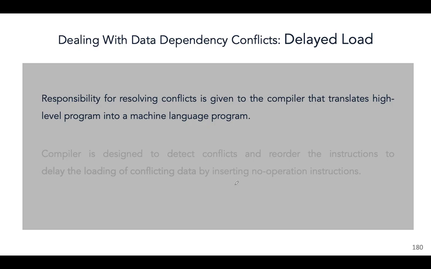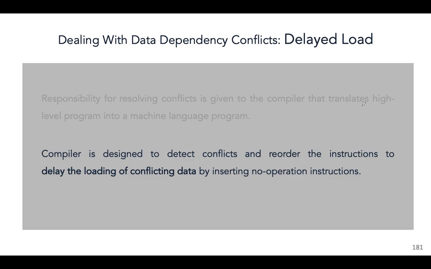So while the compiler is translating your code into machine language, it also takes care of data dependency conflicts. It keeps track of all the instructions that will cause some kind of data dependency problem in the future.